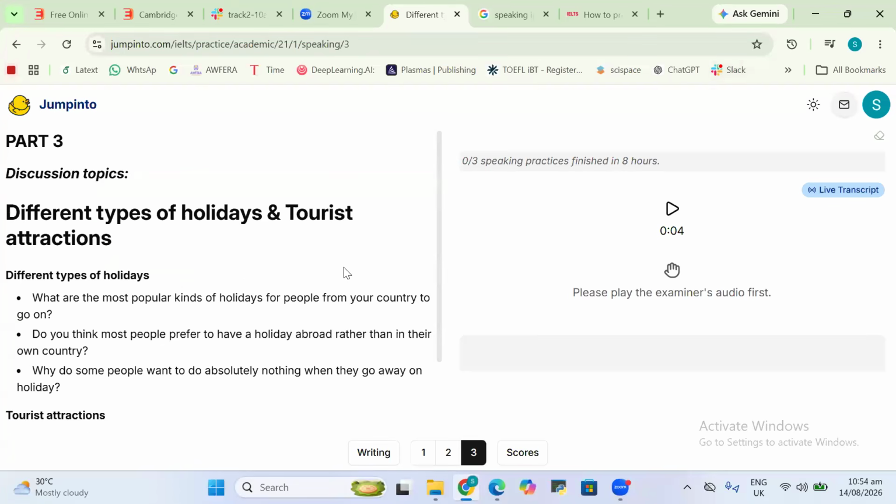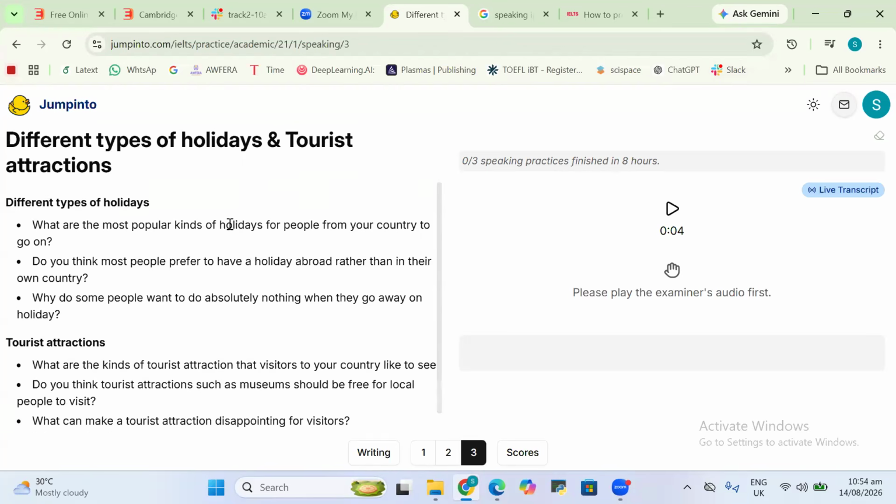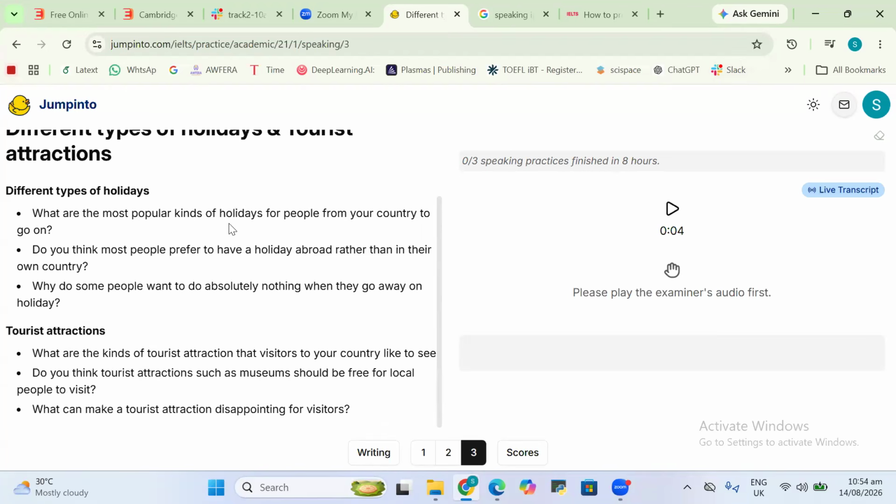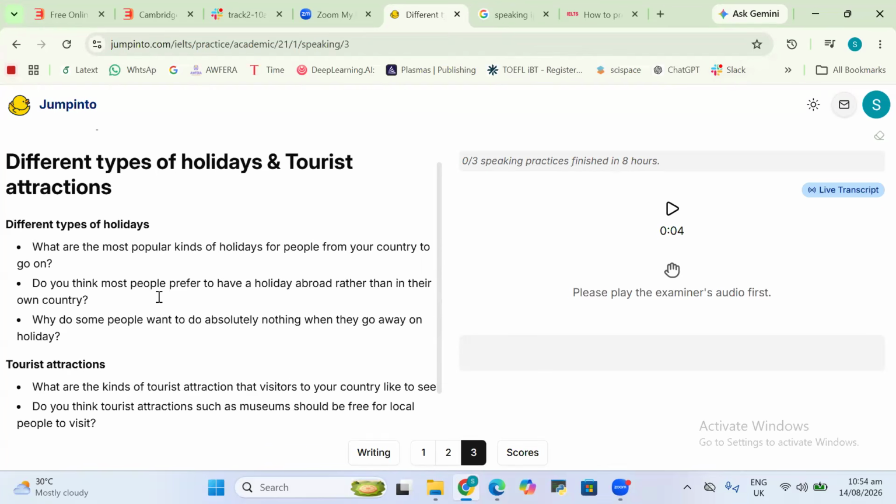Okay. You saw your cue card about tourism, tourists. Then part three questions are relevant to your cue card, like different types of holidays and tourist attractions. There are two parts to these questions: one is types of holidays, the next is tourist attractions.